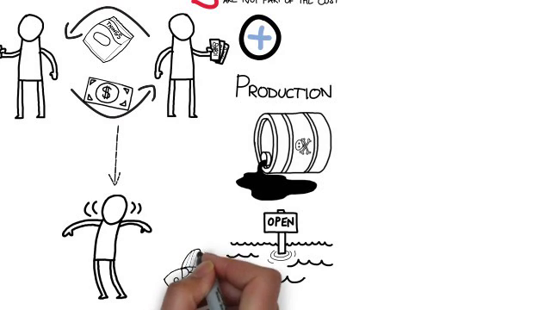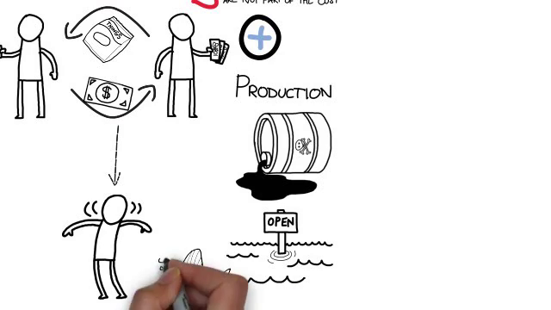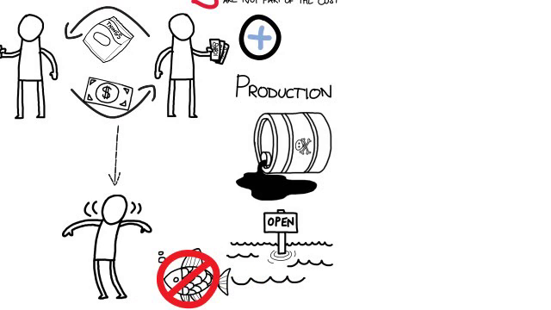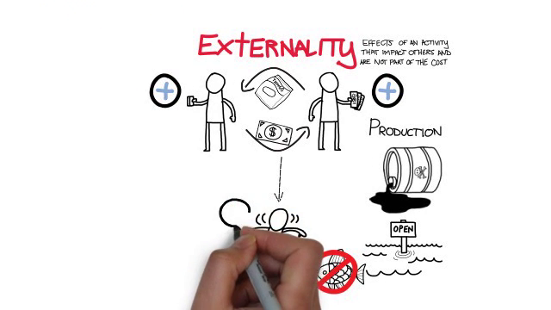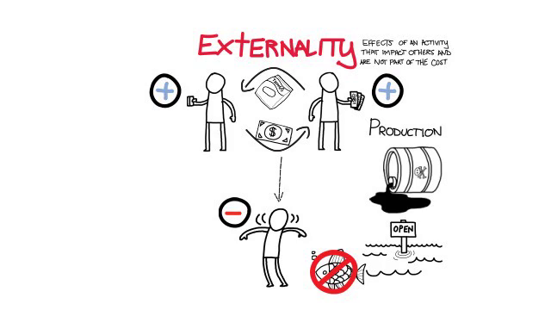So it may impact fish populations, or it may just reduce the amount of water that's available for people in the community to drink. Those are negative impacts on that third party, right? So that third party person didn't have anything to do with that transaction of the juice box. They didn't get the juice and they didn't get the money for the juice box, right? So they're completely separate from that whole transaction.